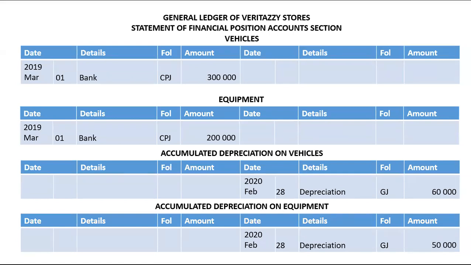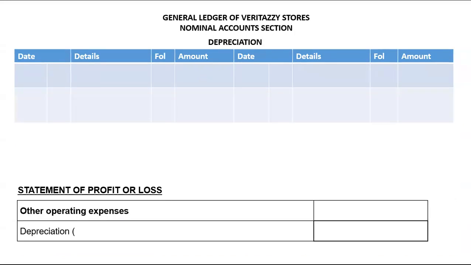Obviously these financial position accounts will definitely have balance carried down and balance brought up. But for now, because we are right at the beginning, I will just do the basics without calculating balance carried down and balance brought up. Depreciation is a nominal account, it's an expense. So it will be increased by depreciation from vehicles.